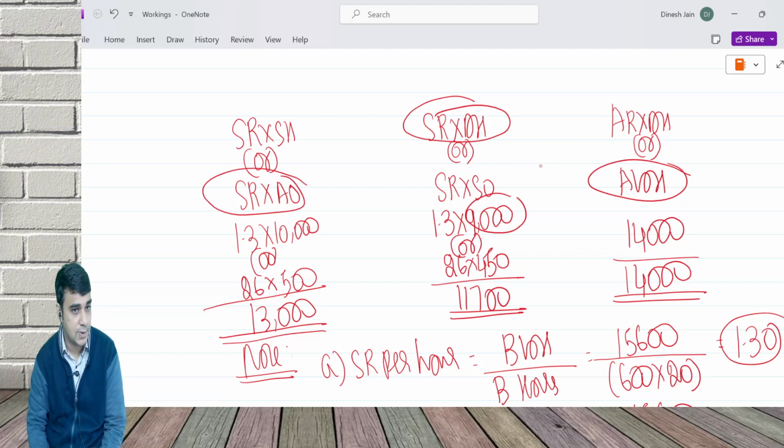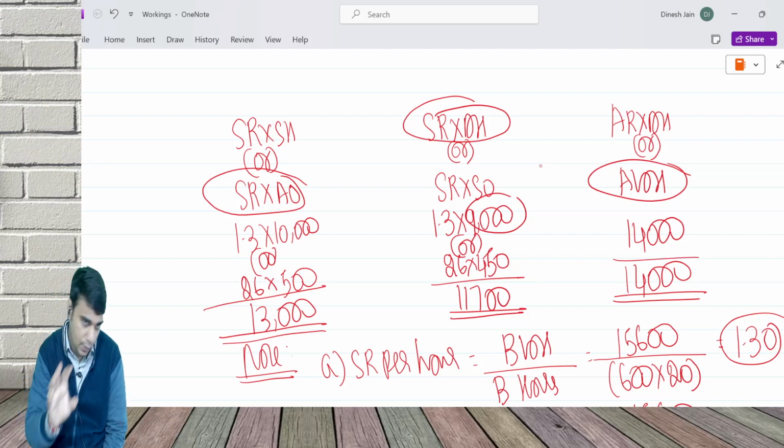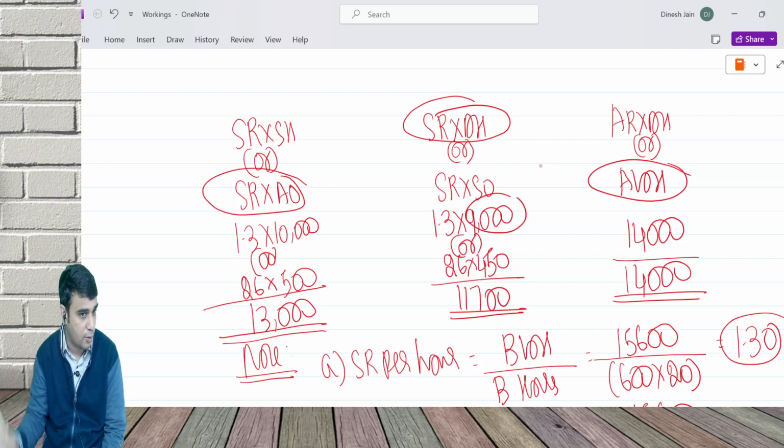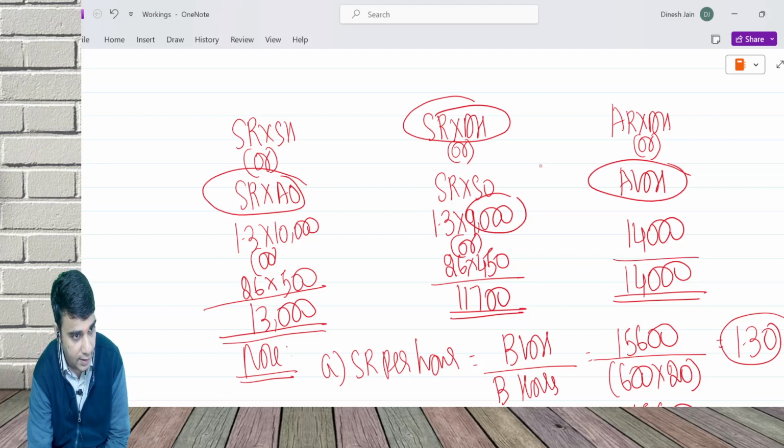Any doubts till this? Okay, now listen. When I write formula, whether you do SR into SH or SR into AO, formula will only say SR into SH. I don't want to tell you a new formula now. Whether you have done SR into AO calculation or SR into SH calculation doesn't really matter because both are technically same.